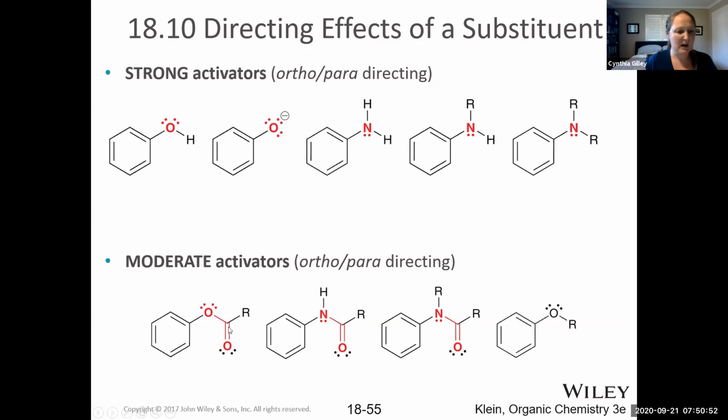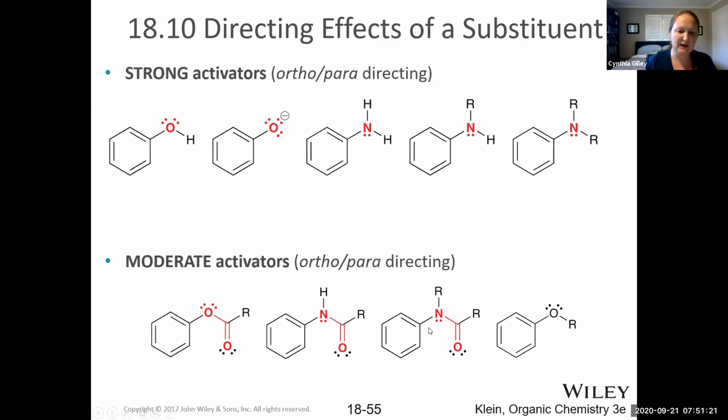So the way I think about it is the lone pair is partially tied up in resonance outside the ring. So partly the electron density from the lone pair is on this oxygen. So if it's on this oxygen, it's not being donated into the ring as effectively as if there wasn't a carbonyl to donate electrons to. So all of these are strong activators, and with a carbonyl, they become moderate activators.